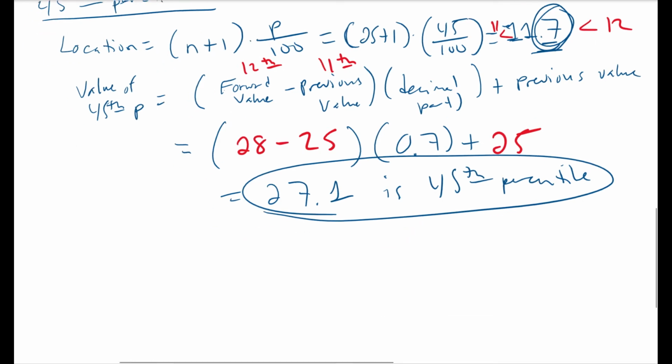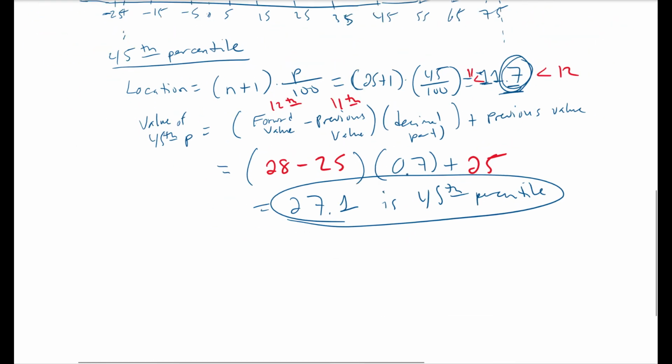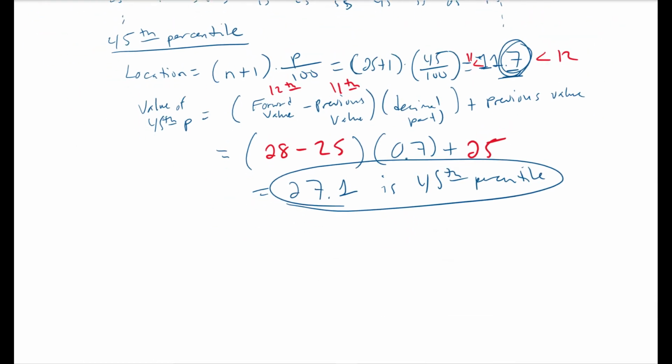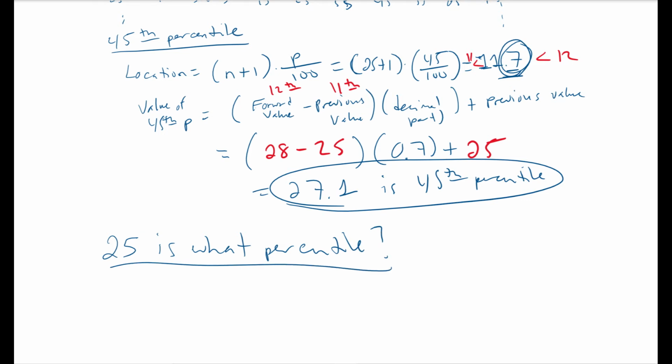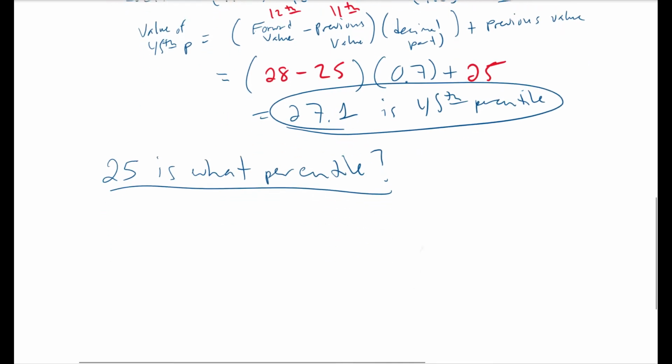The next thing that they want is, let's see, they said Tessa's score was a 25. What was her percentile? So basically they're saying Tessa's score was a 25, and 25 is what percentile? So this one's actually easier.